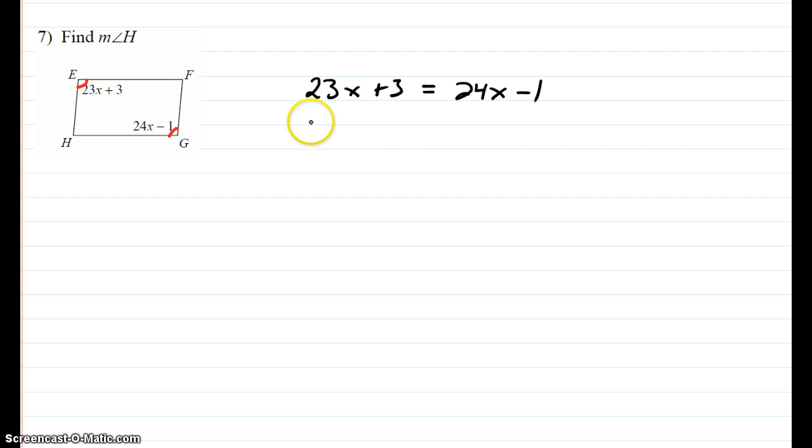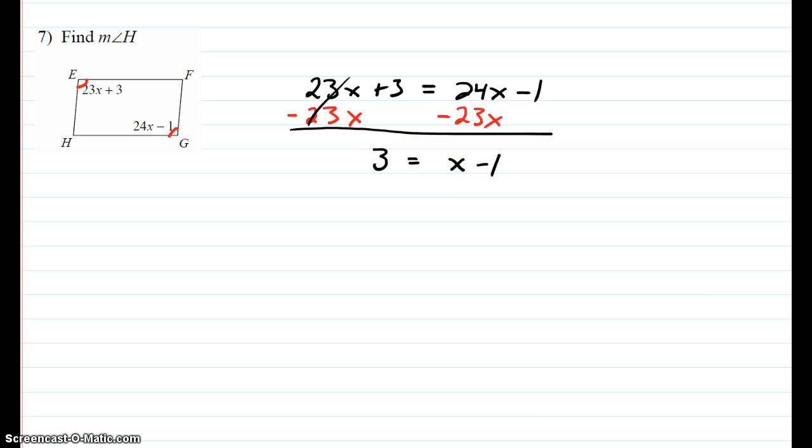Now we're going to solve, so we're going to move this x to the other side. The reason I chose this one is because it's smaller, and if I move the smaller one, it gives me a better chance of getting a positive answer. So this goes away, and I'm left with 3 on the left side, and 24 minus 3 is just 1x, and I don't need to write the 1.